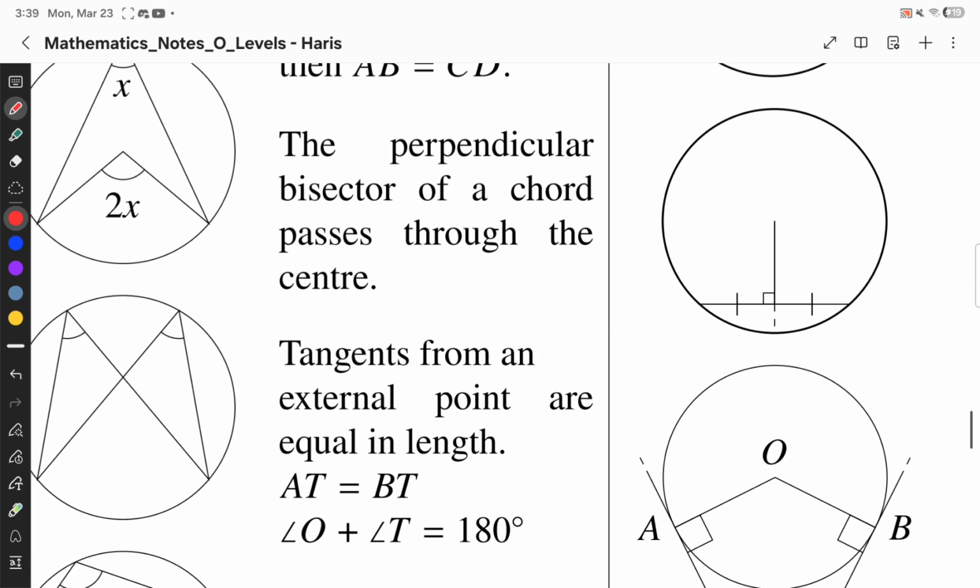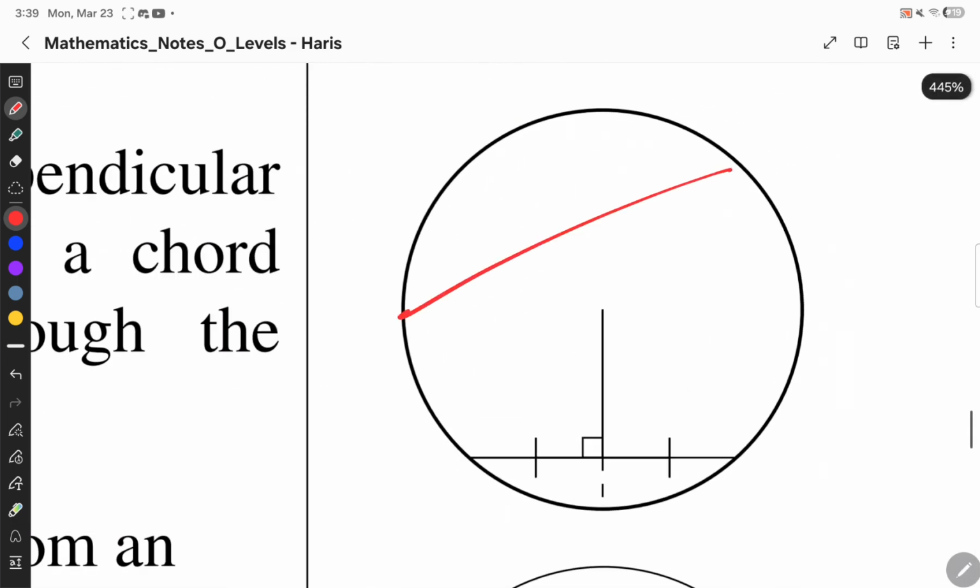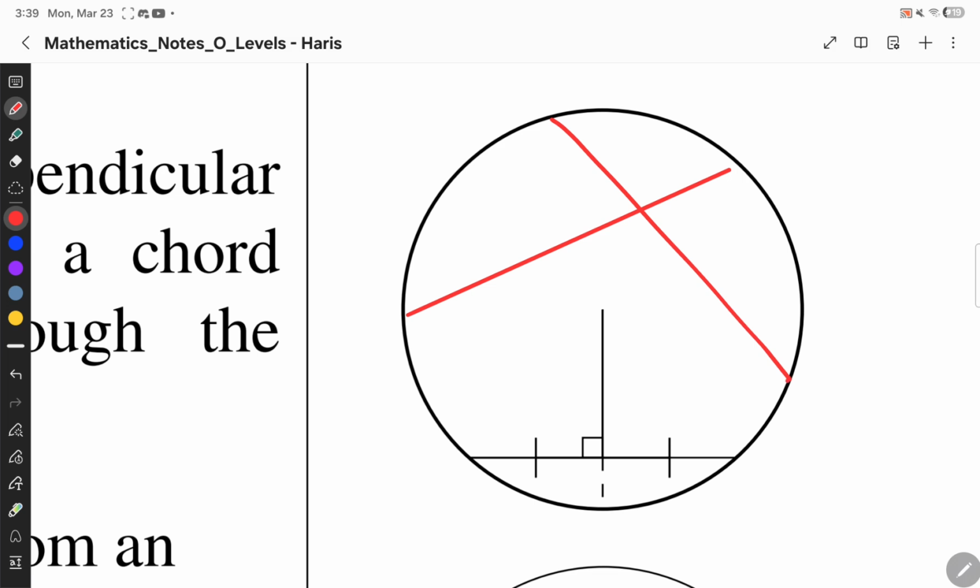Okay, for this, it is just simple. If you have any chord in the circle, literally any single chord you want, and you draw a radius, a radius is everywhere. You can have a radius over here, you can have a radius over here.